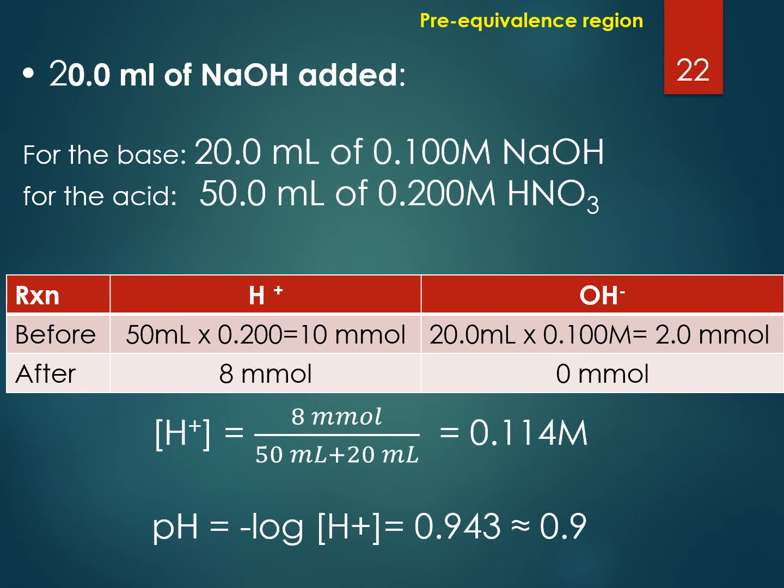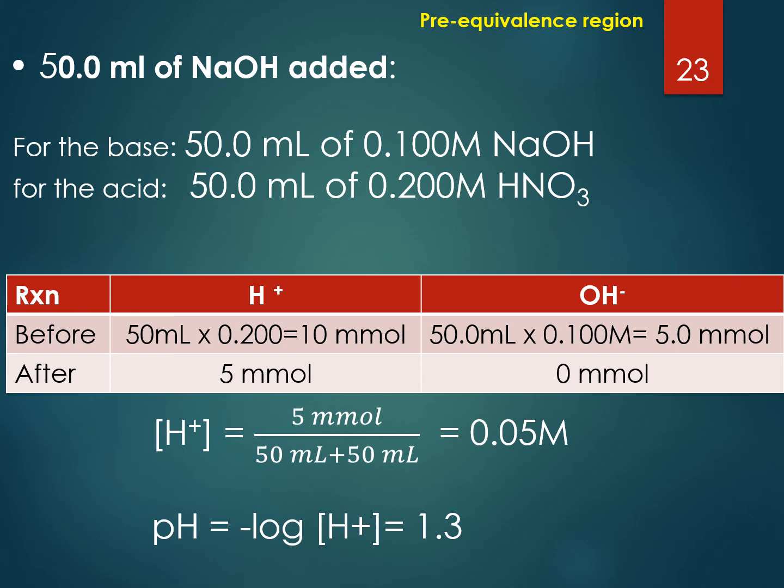So what remains after neutralization, the excess amount of H plus, is 8 millimole. Then we divide by the total volume, which is already 70 because we added 20 ml. So 8 over 70 gives us 0.114 molar. That gives us a pH value of 0.9.